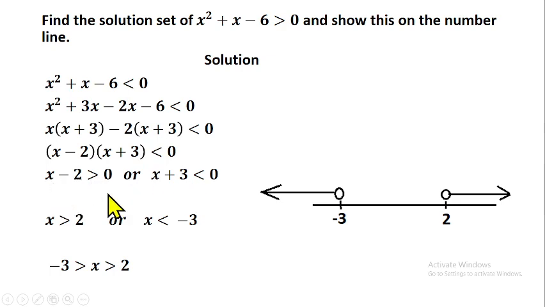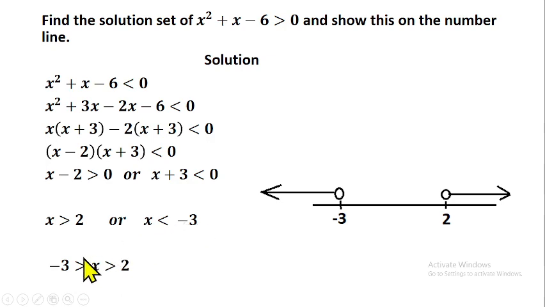Having written this, then I can find my x. I take minus 2 to this side, it becomes s greater than 2, or take plus 3 to this side, it becomes s is less than minus 3. Then if you combine this now, you have s is greater than 2, and s is less than minus 3.